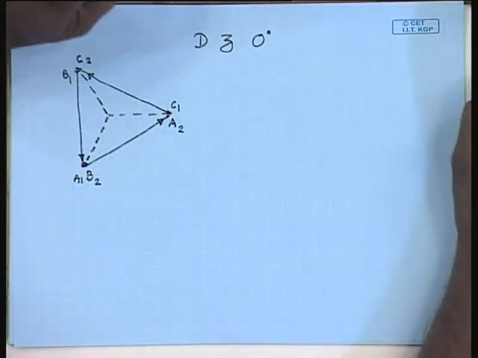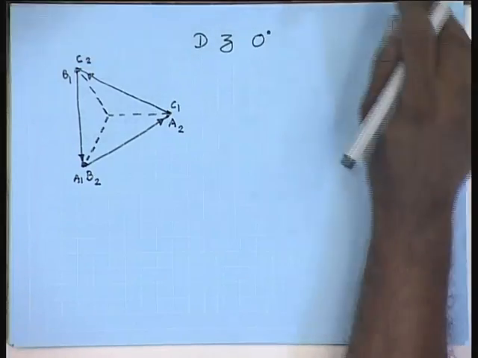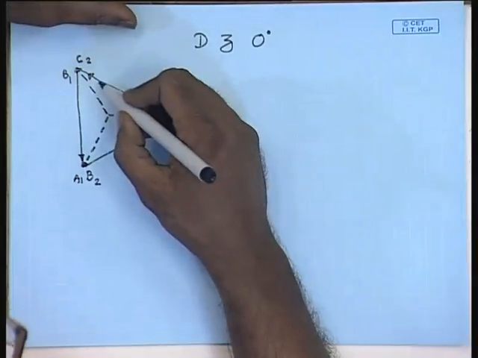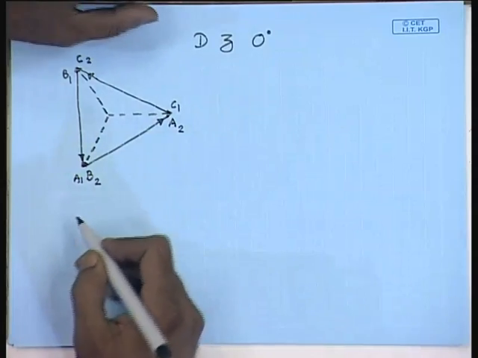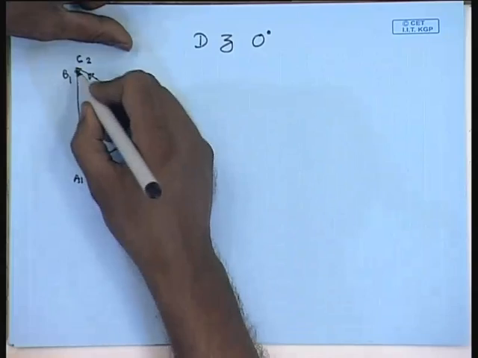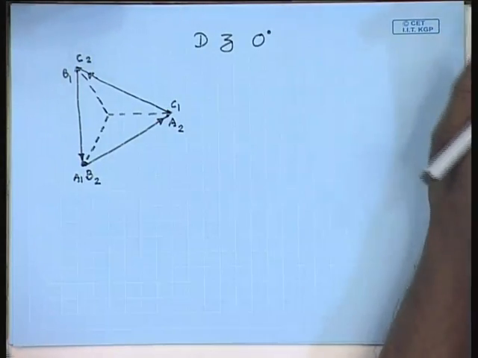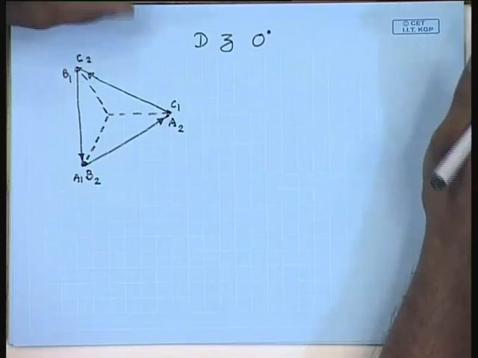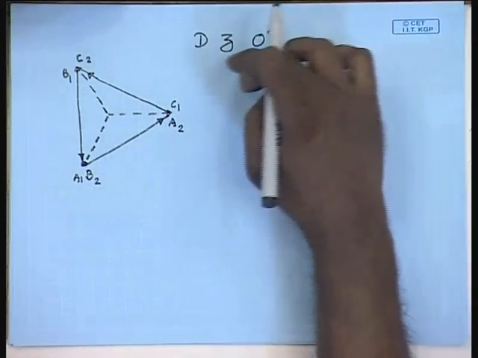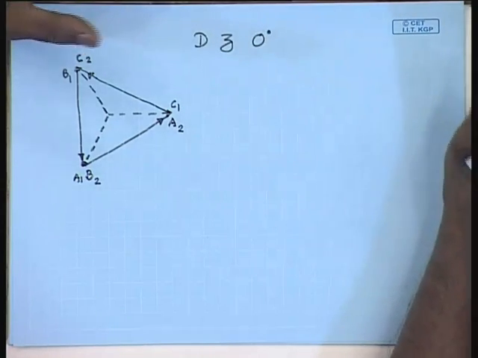Now, this is the delta side connection A2 B2 C2. Now, it is to be understood that in a zigzag transformer, each of the secondary winding has two parts.